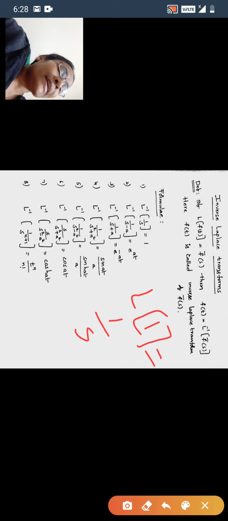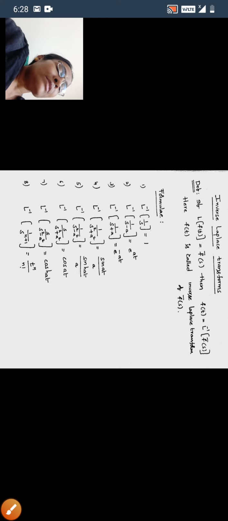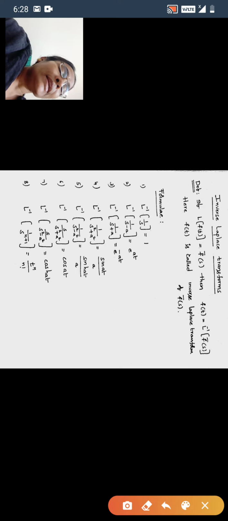If we shift L to the other side, we get L inverse. So, L inverse 1 by s equals 1. L inverse 1 by s minus a equals e power at. L inverse 1 by s plus a equals e power minus at.